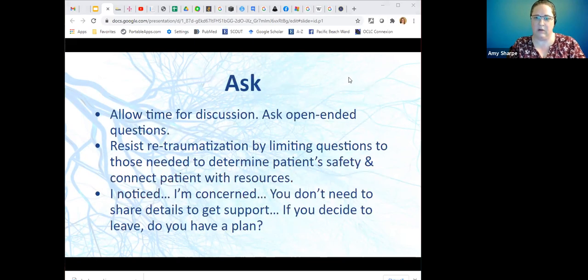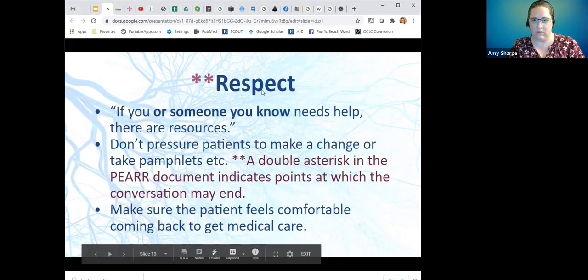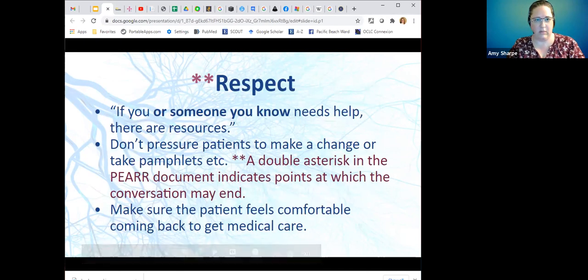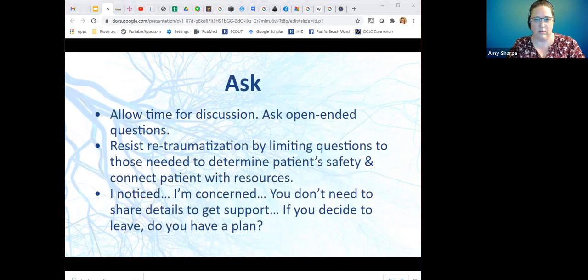So we ask, it helps to ask open-ended questions. And again, that fourth R, resist re-traumatization, by just limiting those questions to what we need to determine the patient's safety and the resources that they need. Some of the leading questions that are included in the PEARR tool, I noticed, I'm concerned.